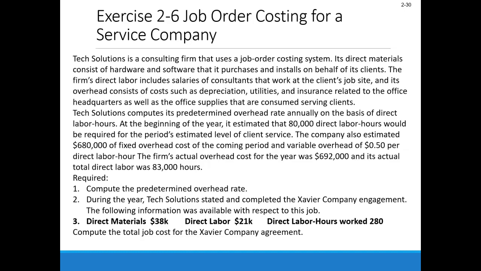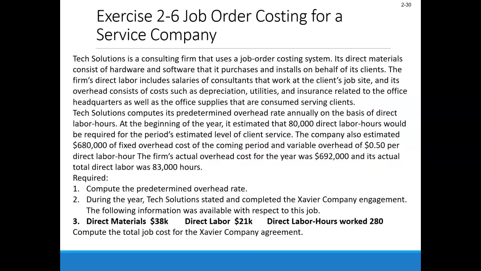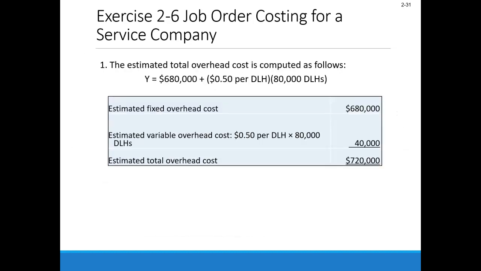How will we compute the predetermined overhead rate? Let's just do that one first. How are we going to determine it? We're going to take the estimated fixed overhead of 680,000 plus the estimated variable overhead of 50 cents times the estimated hours of 80,000 direct labor hours.